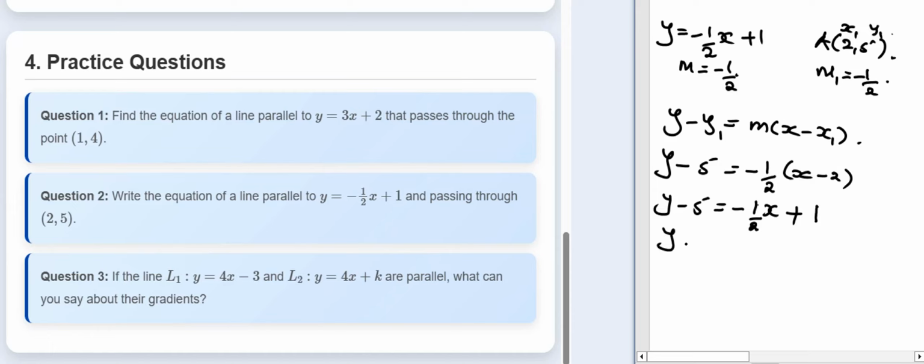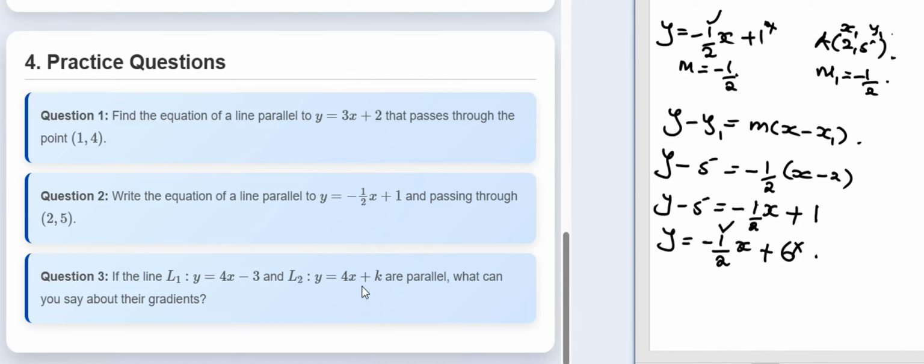So y equals negative half x. Then when I take this negative 5 to the other side, it becomes plus 5, so it becomes plus 6. So you see, these lines have the same gradient, but the y-intercepts are not the same, holding our properties of parallel lines.